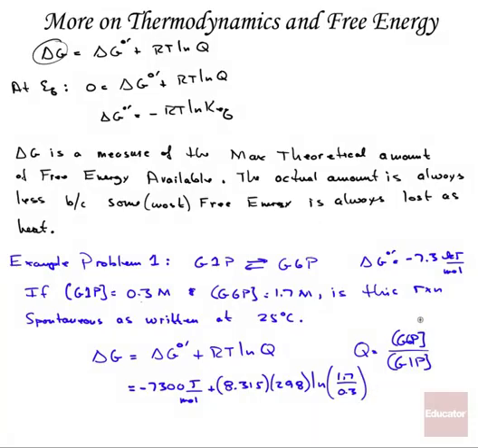The concentration of G6 phosphate is 1.7, and the concentration of G1 phosphate is 0.3.